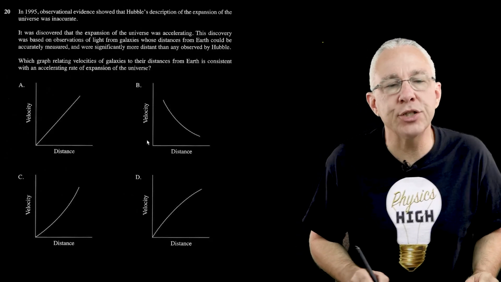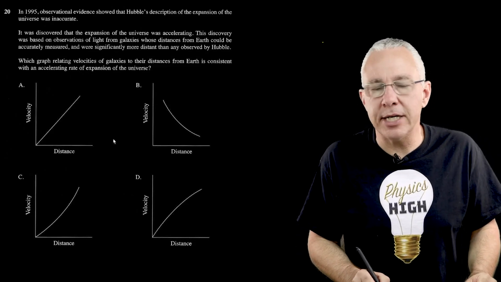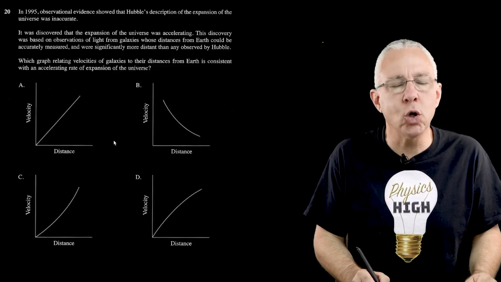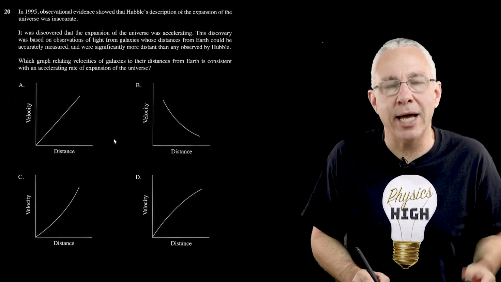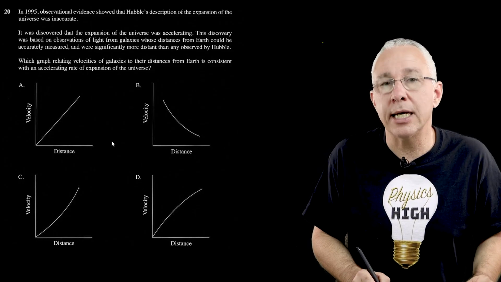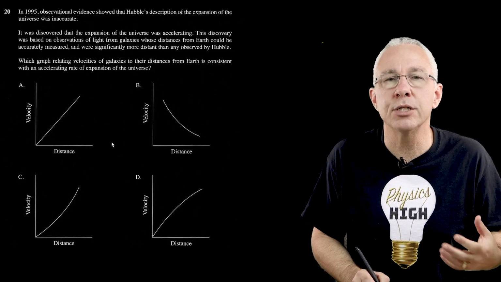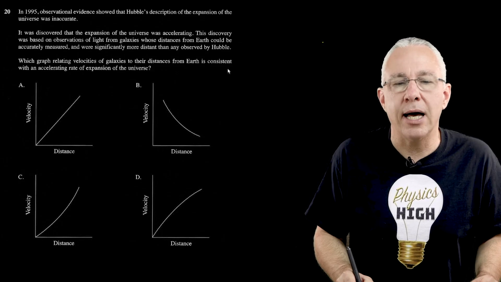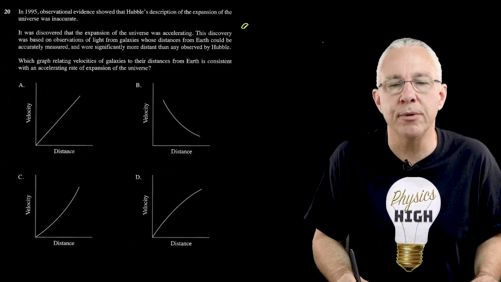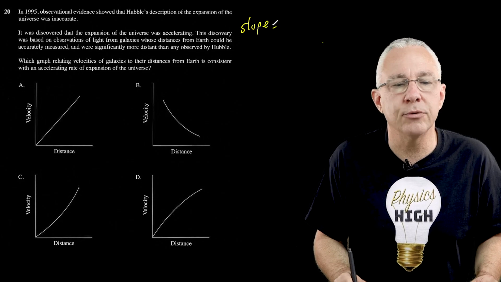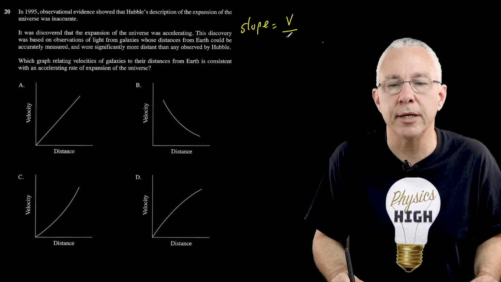And now the last question for the paper. What we have here is a question dealing with Hubble's law, which measures the rate of expansion of the universe. And so what we have initially with Hubble's law is that Hubble assumed that the expansion was at a constant rate. Now, how do we know that? Well, first of all, if I draw what the slope represents, the slope is equal to, in our case, the velocity divided by the distance.